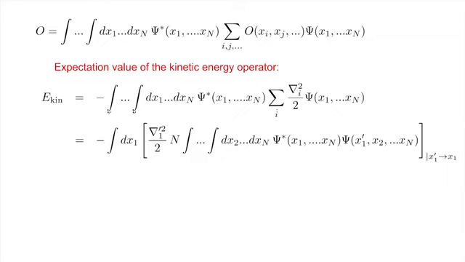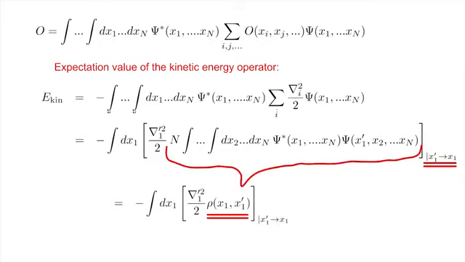So we introduce two different space arguments, x and x prime. And we make them equal only at the end of the calculation, after the derivative is taken. In this way, we can again separate the operator from a big integral, which is nothing else but the one-body density matrix.